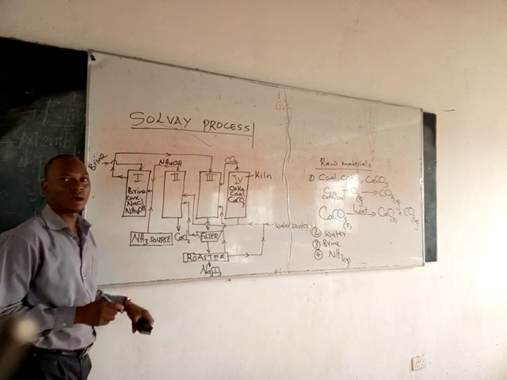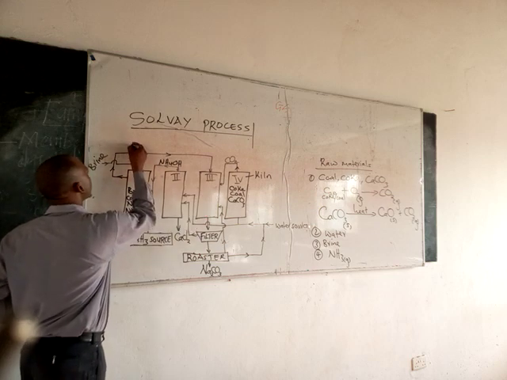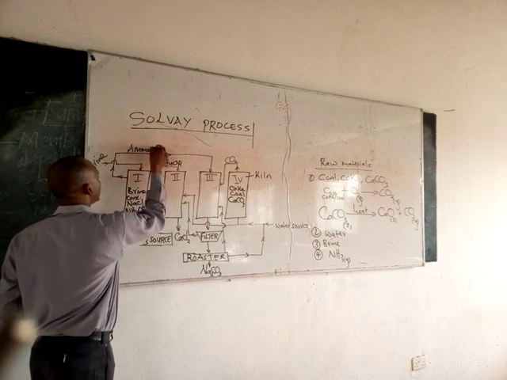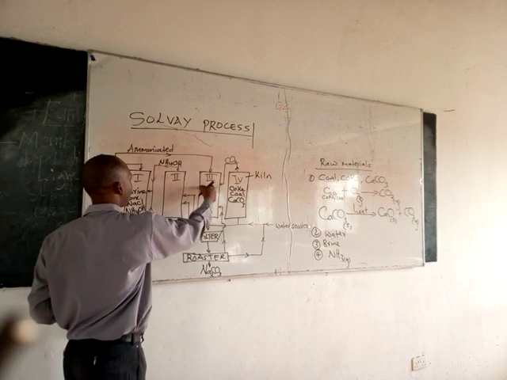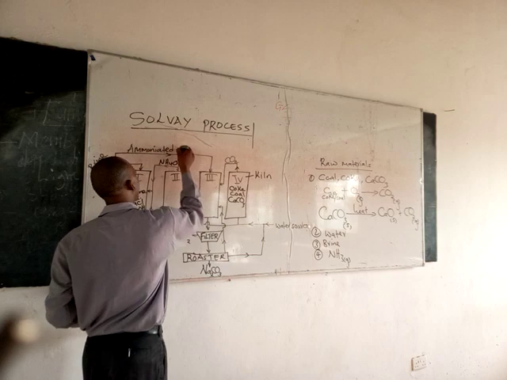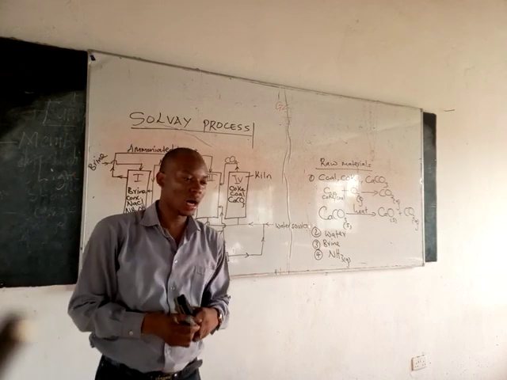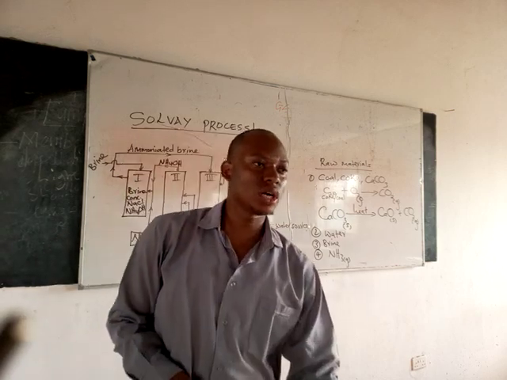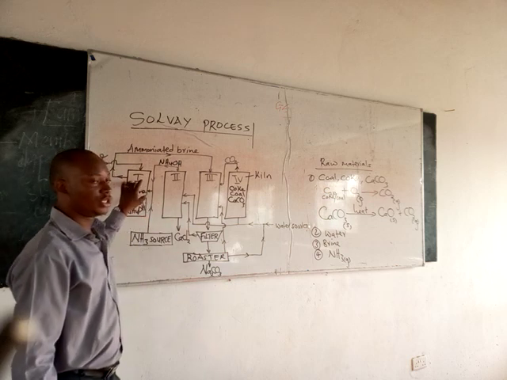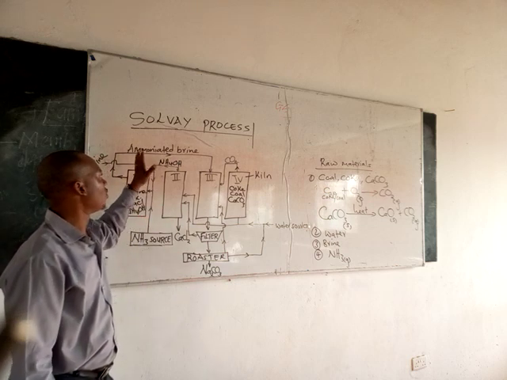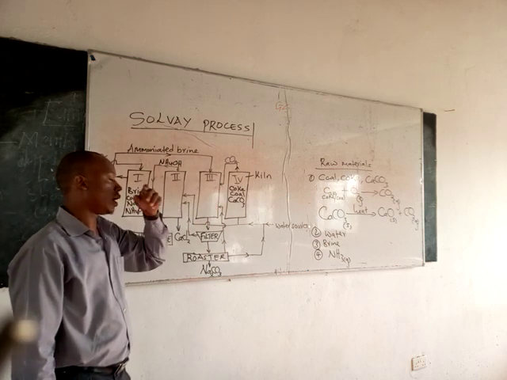The two form a mixture by the name ammoniated brine, and the mixture proceeds to chamber 3. So we have ammoniated brine as the product formed when ammonia and brine combine in chamber 1. Of course, the mixture now proceeds to chamber 3.